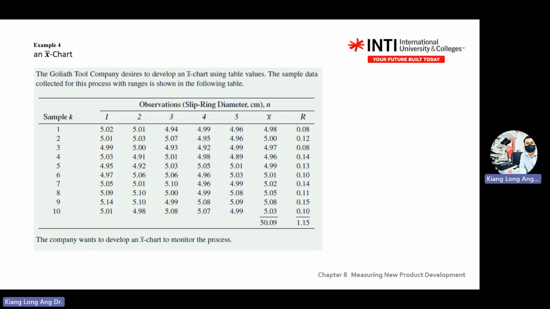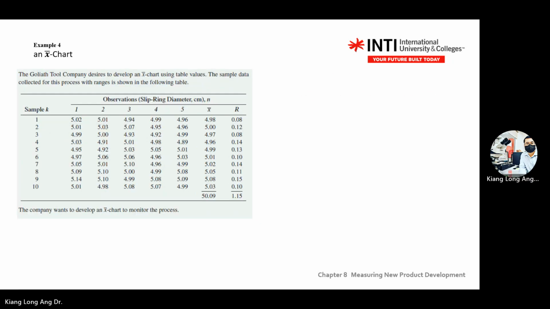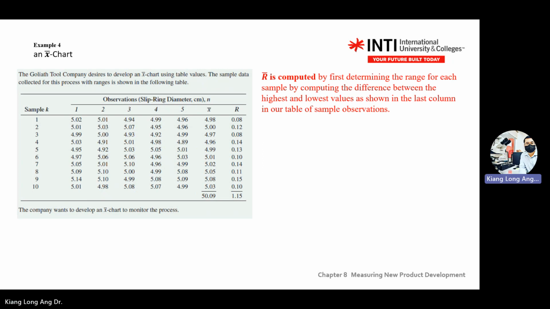Add one more column compared to the previous one. So how do you do it? You calculate the R bar by determining the range of each sample, computing the difference between the highest and lowest value in each. So you calculate the R value.